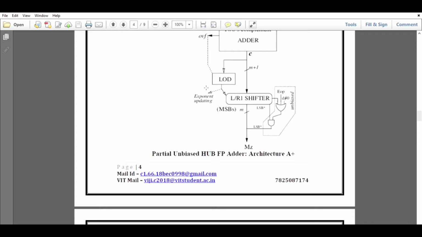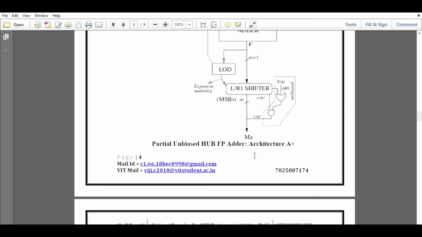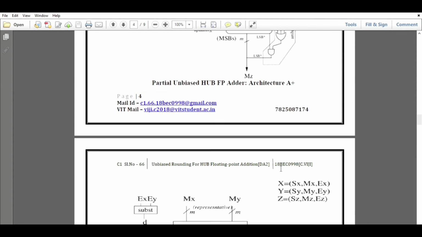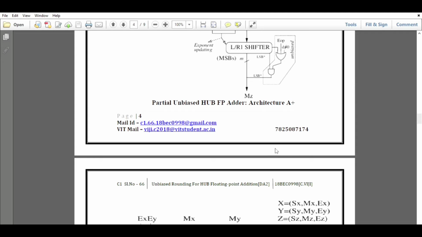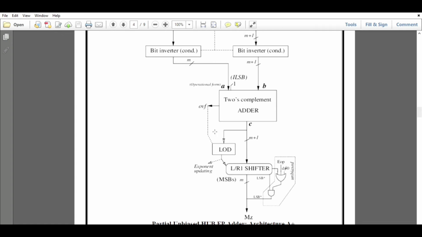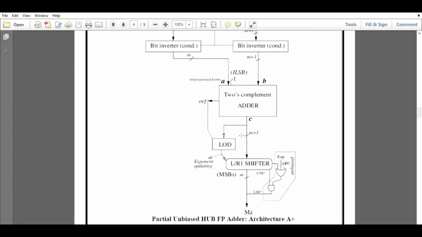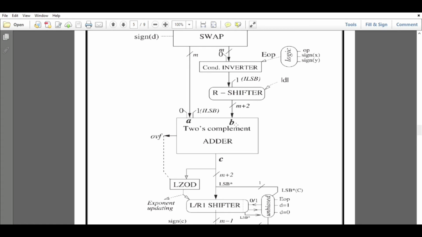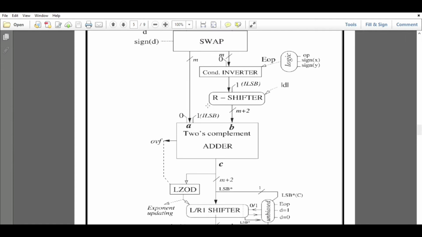Partially unbiased HUB floating point adder architecture A+ and fully unbiased HUB floating point adder architecture A++. Architecture A+ is designed to perform partially unbiased rounding, whereas architecture A++ resolves all the previous sources of bias, producing unbiased rounding.